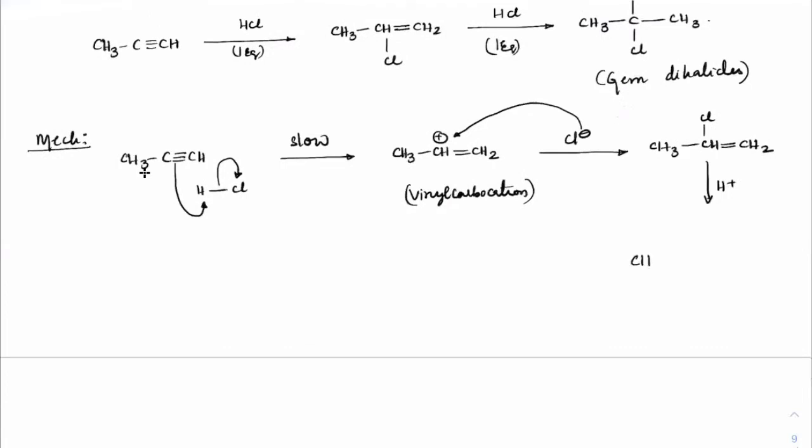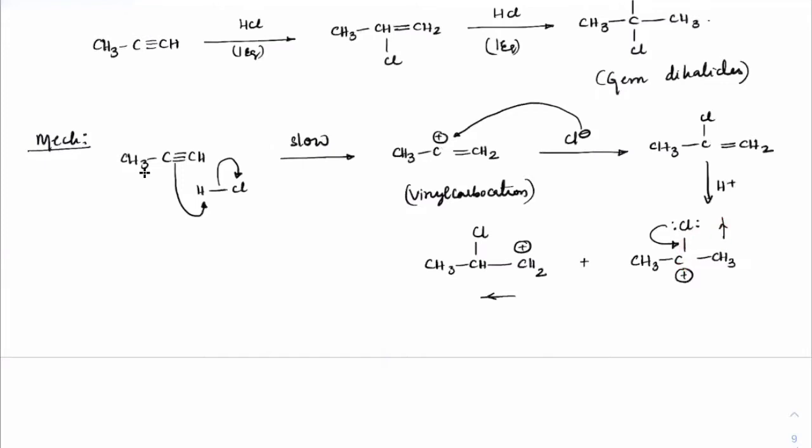Once you get vinyl chloride, H plus is added to this. So we have two possibilities: one is CH3 C Cl with CH3 bearing a positive charge, or we can also get CH3 CH Cl with CH2 positive. Sorry, there is no H here. Now in both cases, the groups are withdrawing in nature, but the plus R effect of chlorine will make it more stable.